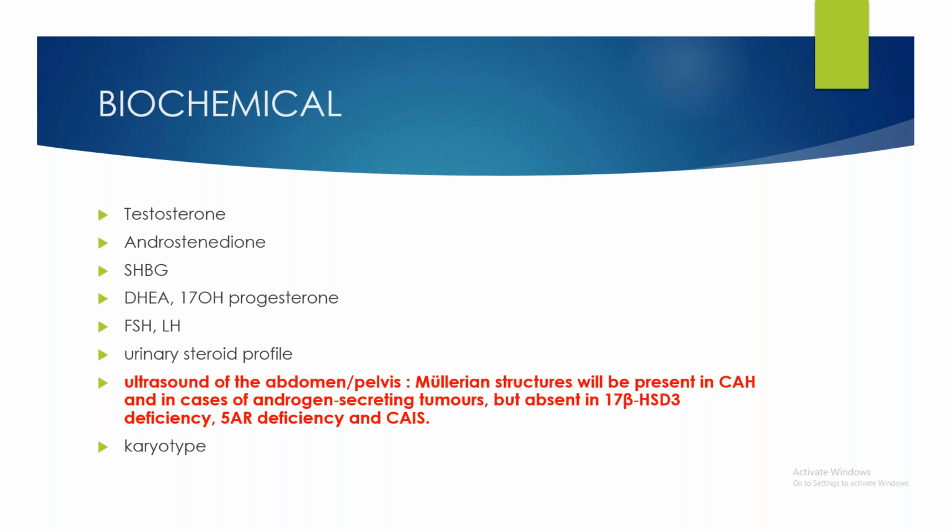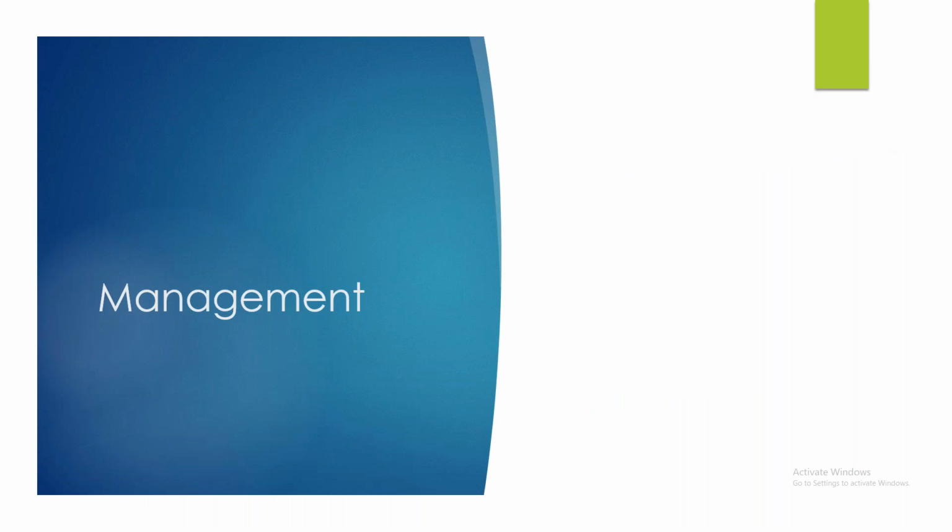While in case of absent uterus, then it is usually 17-beta hydroxysteroid dehydrogenase deficiency or complete androgen insensitivity syndrome. So karyotype is required if the uterus is not there. If the uterus is not found on ultrasound, then karyotype should be done in these cases.